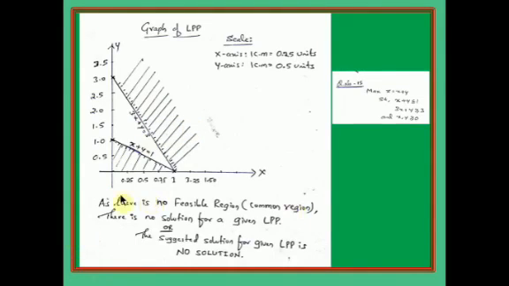You can see here, as there is no feasible region or common region, there is no solution for the given problem, or the suggested solution for the given LPP is no solution. Here, based on the values, x-axis and y-axis values were put, you can cautiously observe this solution once again.